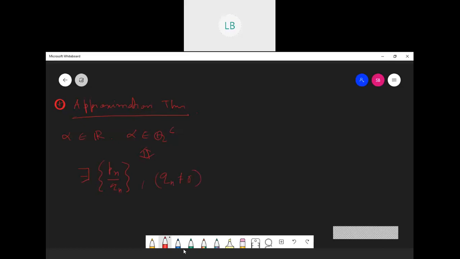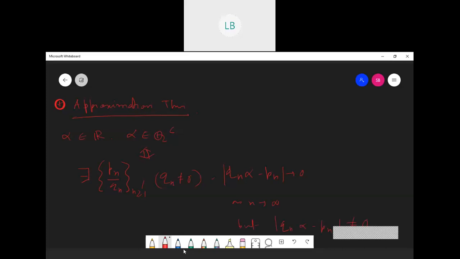There is a sequence p_n by q_n, so let me just write it in the normal form only, for which q_n alpha minus p_n goes to 0 as n tends to infinity, but q_n alpha minus p_n is never equal to 0.